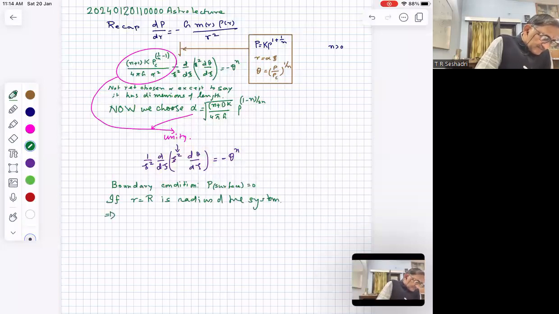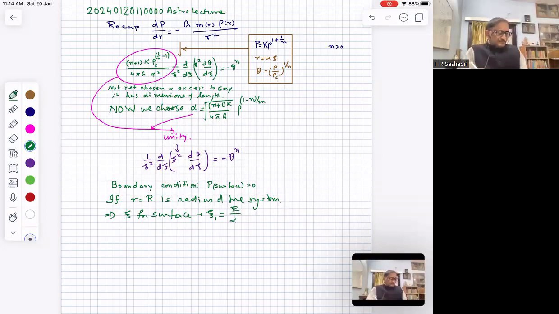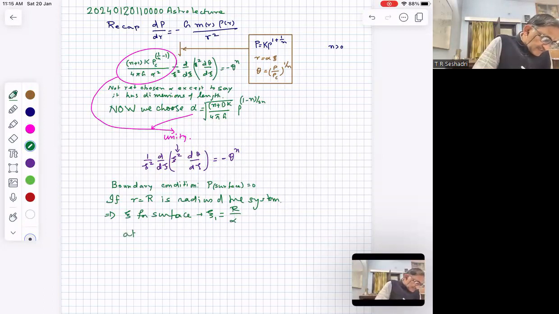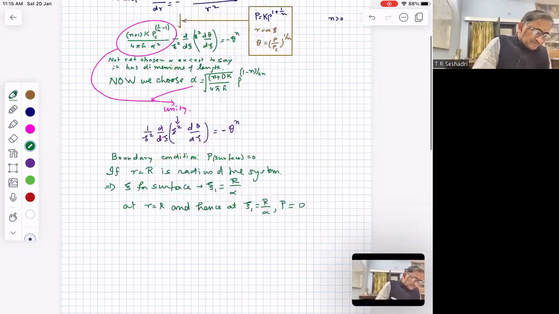This implies that xi for the surface, I call xi1, is equal to capital R by alpha by definition. Now, what should happen here? This means at r equal to R, and hence at xi1 equal to R by alpha, pressure should be 0.